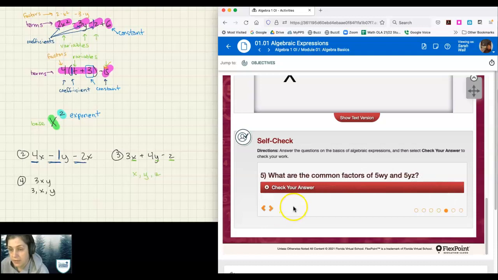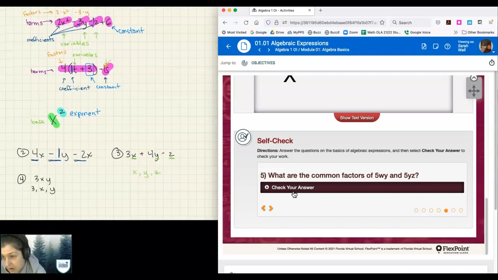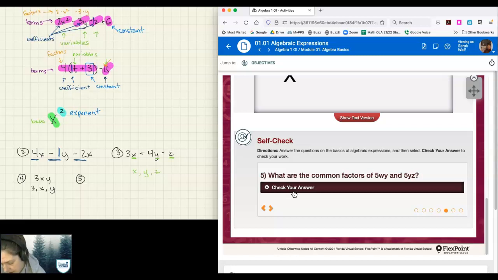What are the common factors? Okay, common factors. Common factors are things that they have that are similar. So if you have 5wy and 5yz, what do they have in common?